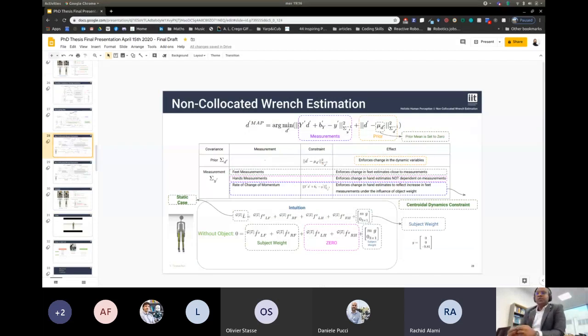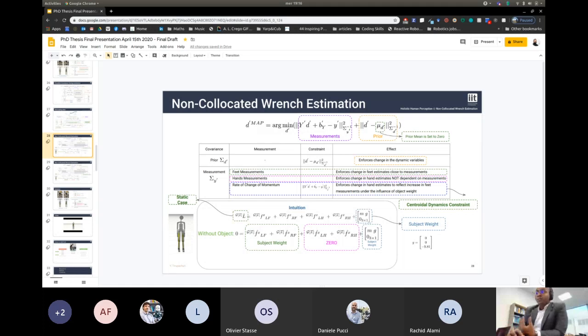At the moment, this is more of a qualitative output rather than a quantitative output. Basically, the estimation is guided by how we change two variables. The first one is the covariance related to the measurements. If I make these covariances very tight, we push the estimates close to the measurements, which are 0.